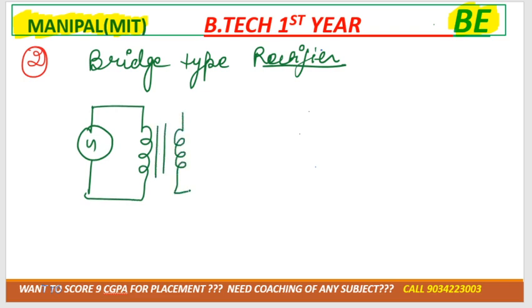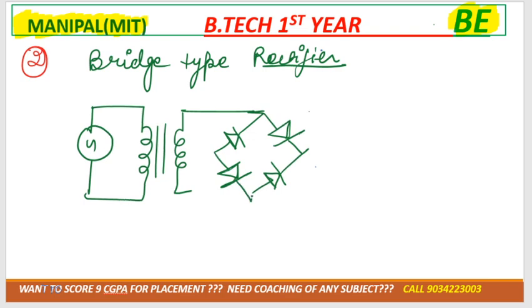In this case we'll draw the Wheatstone bridge like this, but we'll use 4 diodes. And here in between, load resistance RL is connected.